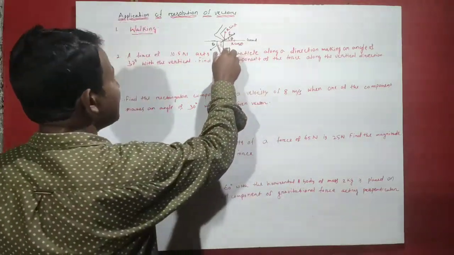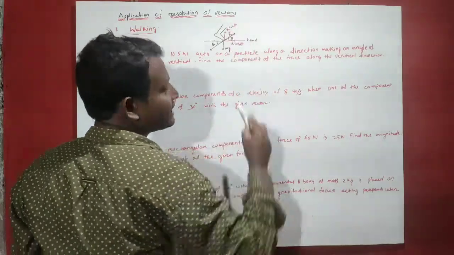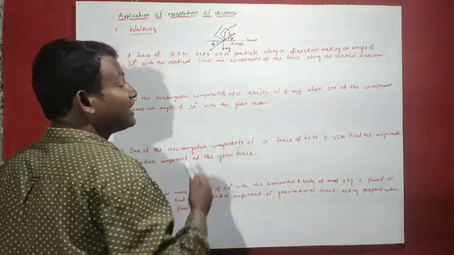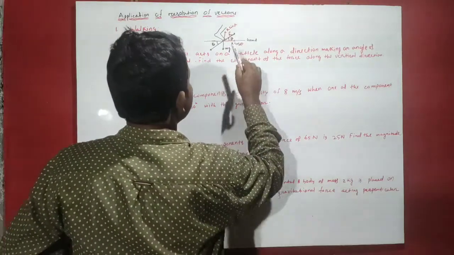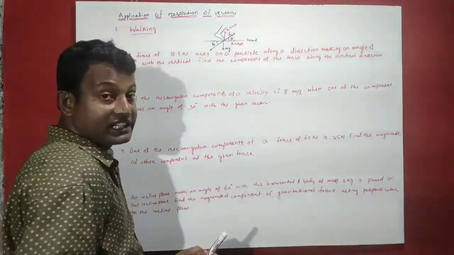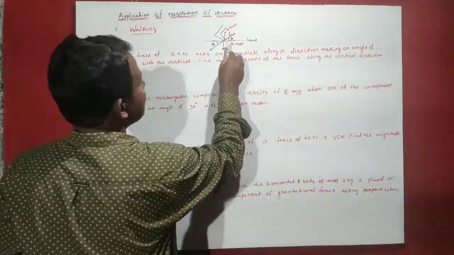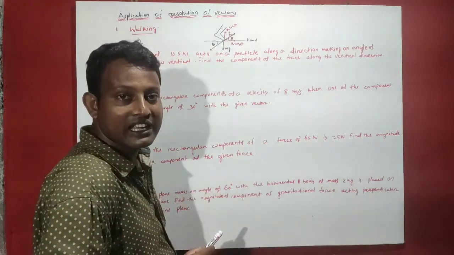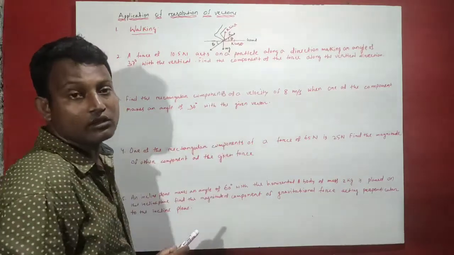So for the action of Sally, there will also be a reaction force R given by the ground. When we resolve the R vector into its two rectangular components, one is R cos theta along the ground and another is perpendicular to the ground.